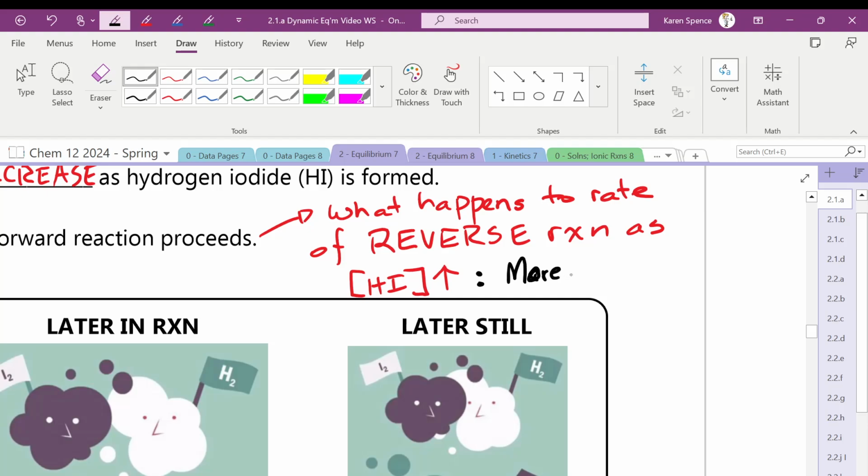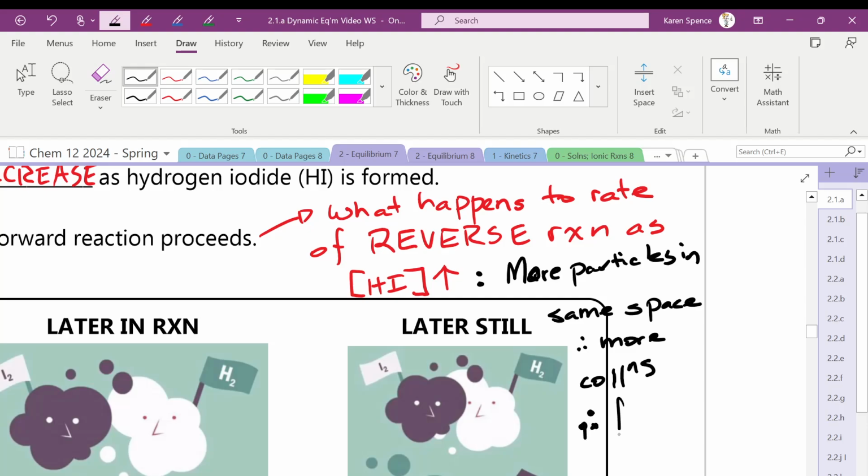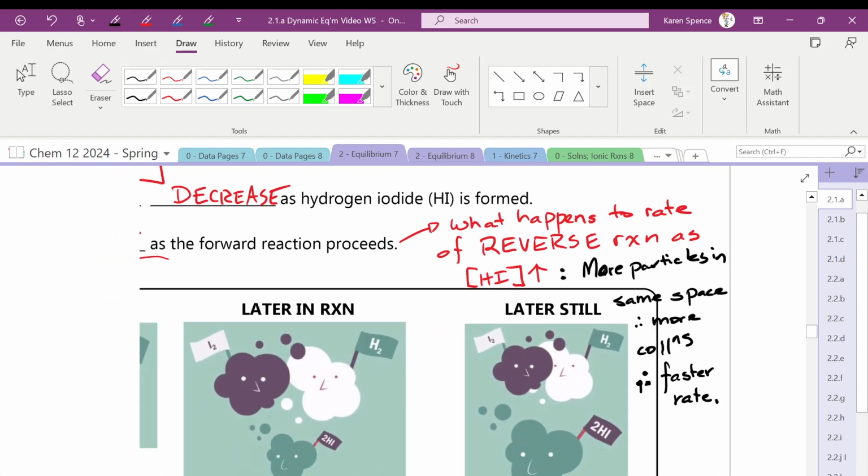More particles in the same space, therefore more collisions, therefore faster rate. Okay, you could say higher frequency of collisions.